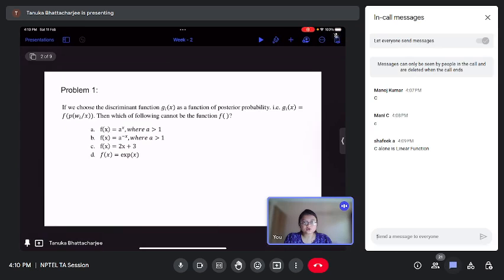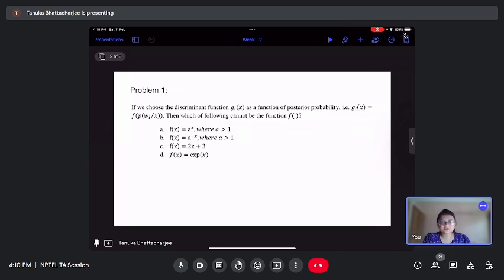Okay, so three answers I got, all are C only, but no, C is not the correct answer. The only criterion you have for this f function is that it has to be monotonically increasing. You can take any function of the posterior probability as long as it is a monotonically increasing function.